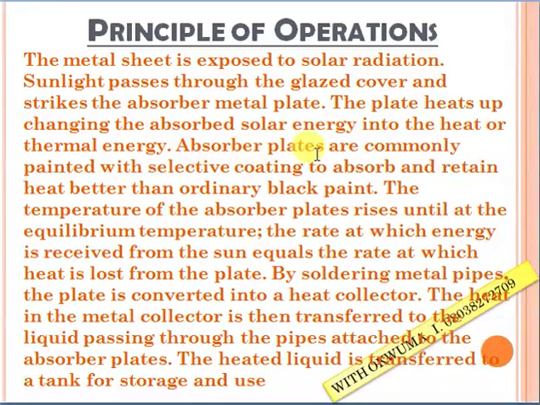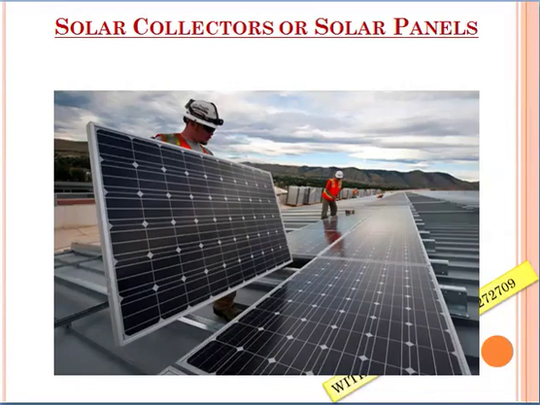Now the absorber plates are commonly painted with selective coating, as we have seen in the diagram, to absorb and retain heat better than ordinary black paint. I showed you that in that diagram. You can see the selective color that is not really black, a color that can usually absorb heat from the sun. So that is a selective color.